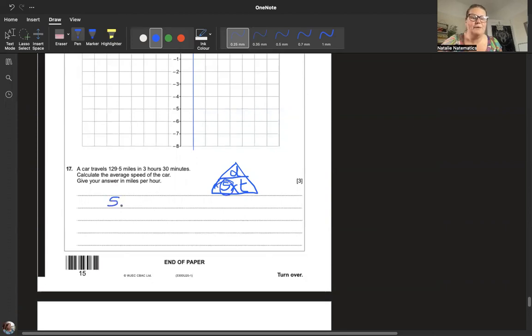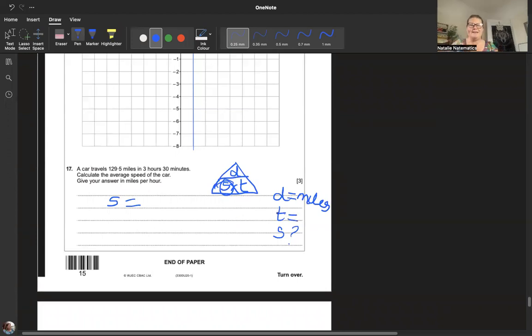So I'm just going to do speed is equal to, now what I would normally do is I would do the things at the side, and then I would say, well, speed is the thing I'm not sure. Distance is in miles. Miles. Again, don't write on the border. I'm just doing that for this. Time.